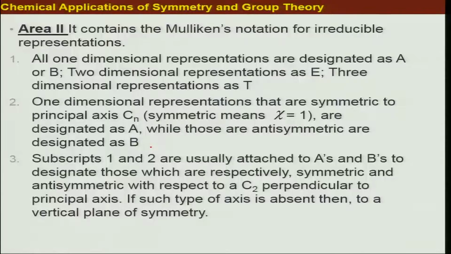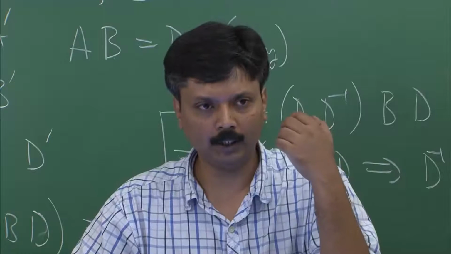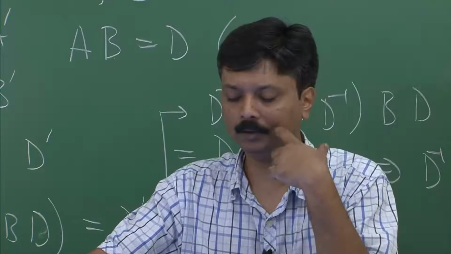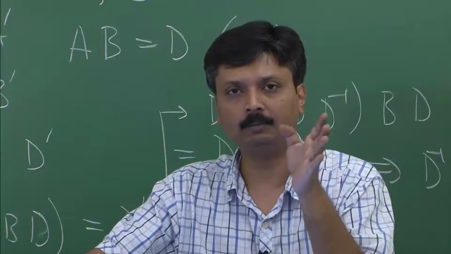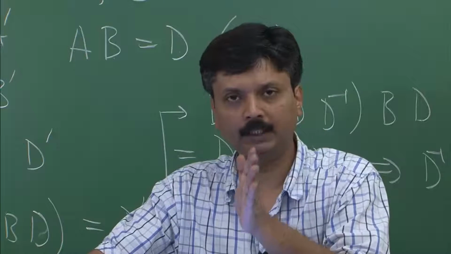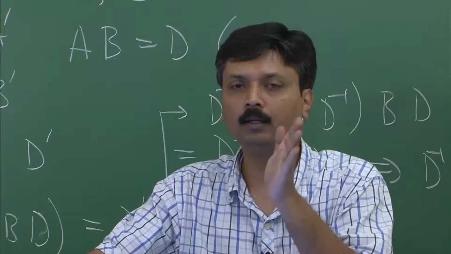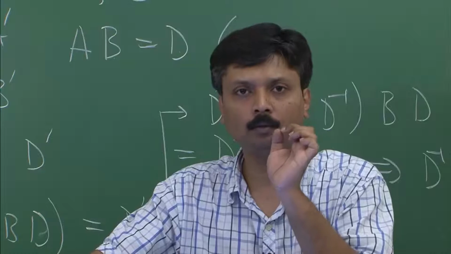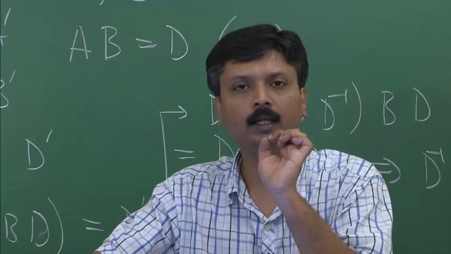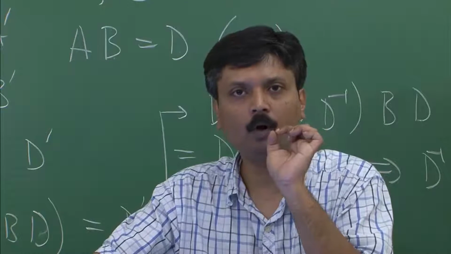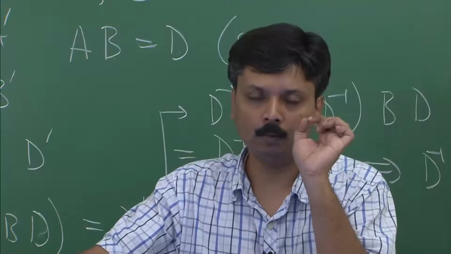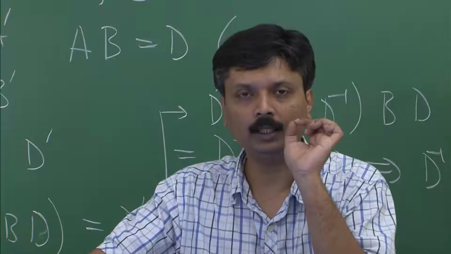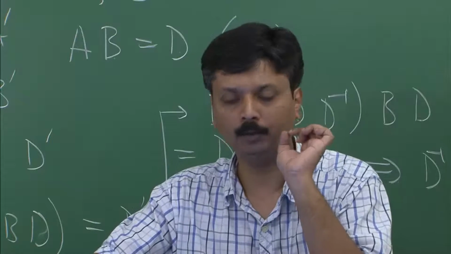So once we have designated whether it will be A or B, then we have to look at the behavior of the characters with respect to the perpendicular C2s. If the character is plus 1 corresponding to C2 prime, then it is A1 or B1. Otherwise, if the character is -1 with respect to C2 prime, then it is A2 or B2.